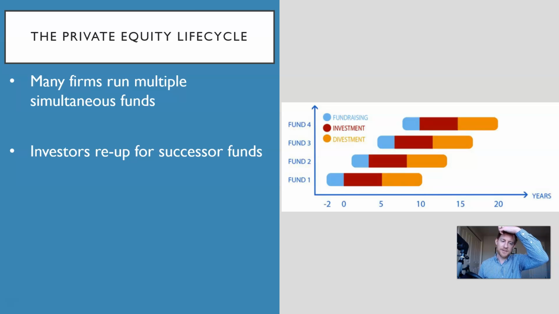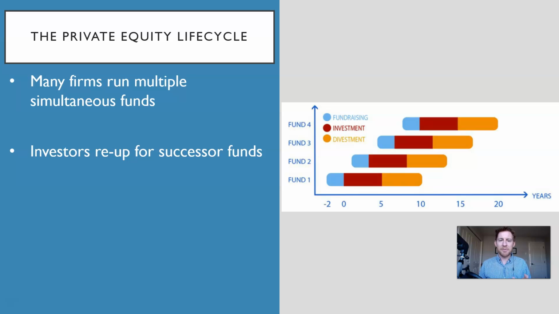So the life cycle: a private equity firm can have multiple simultaneous funds operating underneath them. Typically, investors from fund one may use returns from fund one to invest in fund two, or they might have to wait until a further successor fund. So maybe from fund one, they invest in fund three or four.